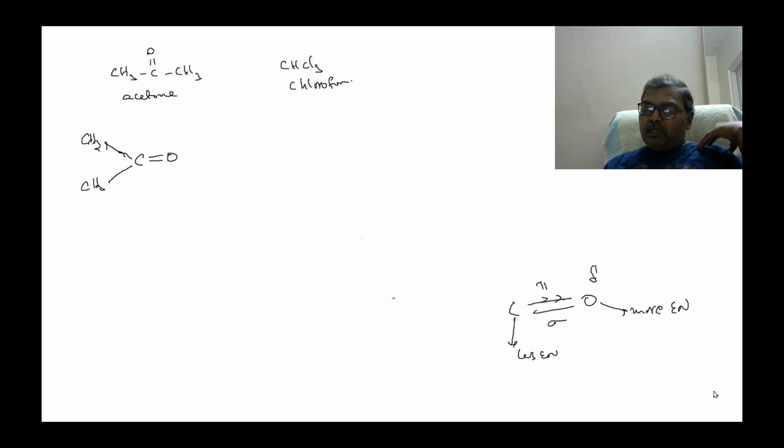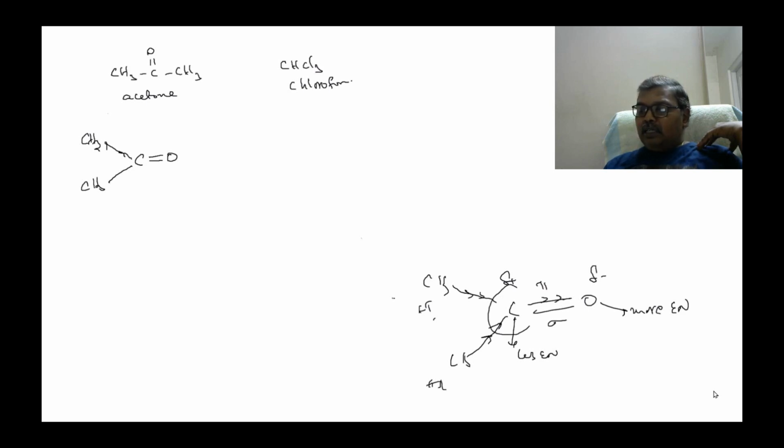Due to this, carbon gets partial positive charge and oxygen gets partial negative charge. Moreover, the methyl groups are plus I groups. So they push bond pair of electrons towards carbon.